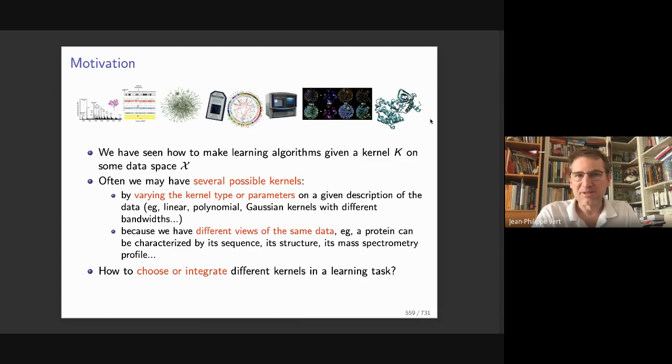Just to take an example, in biology, in life sciences, when you want to predict something about a protein, which is a molecule, for example, to predict the function of a protein, you need to describe the protein with some features.